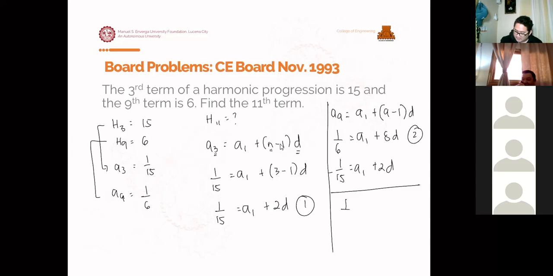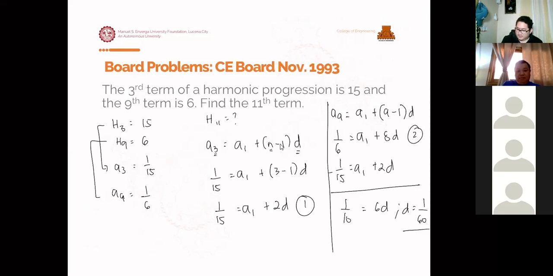So, we have 1 over 10 equals to 6D. So, difference natin will be 1 over 60. Okay? So, ito yung difference natin ng arithmetic progression.